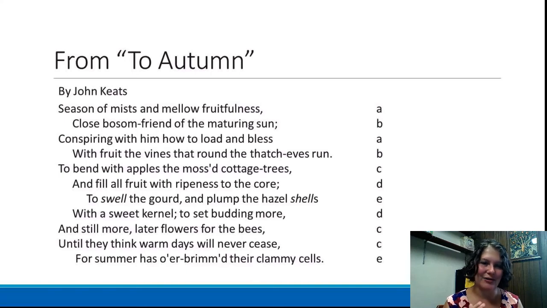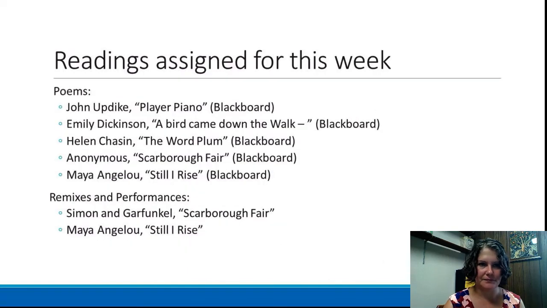Or is it discordant and jarring? And then, if possible, take the next step and think about what that might have to do with the theme or the images or the argument of the poem. Do you notice any similarities between the repetition of sounds and what the effect of that sound is, and also what the poem itself is talking about?